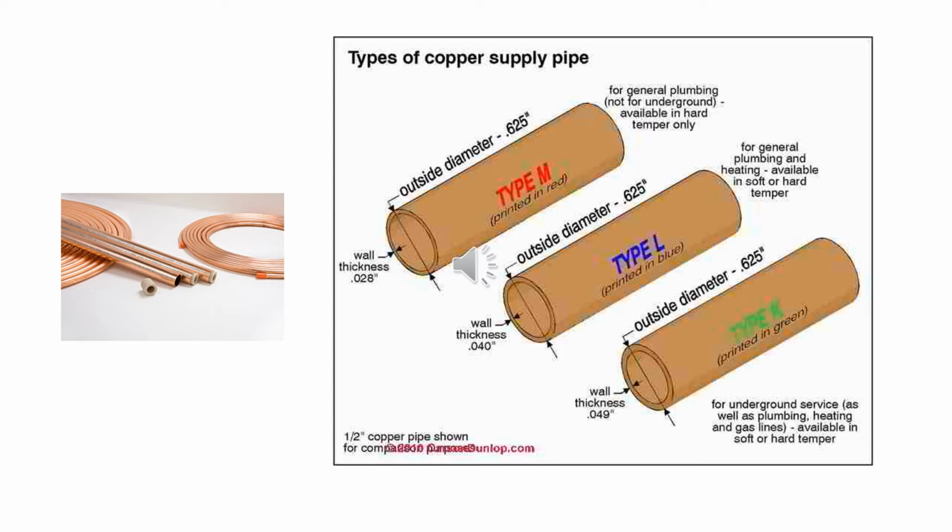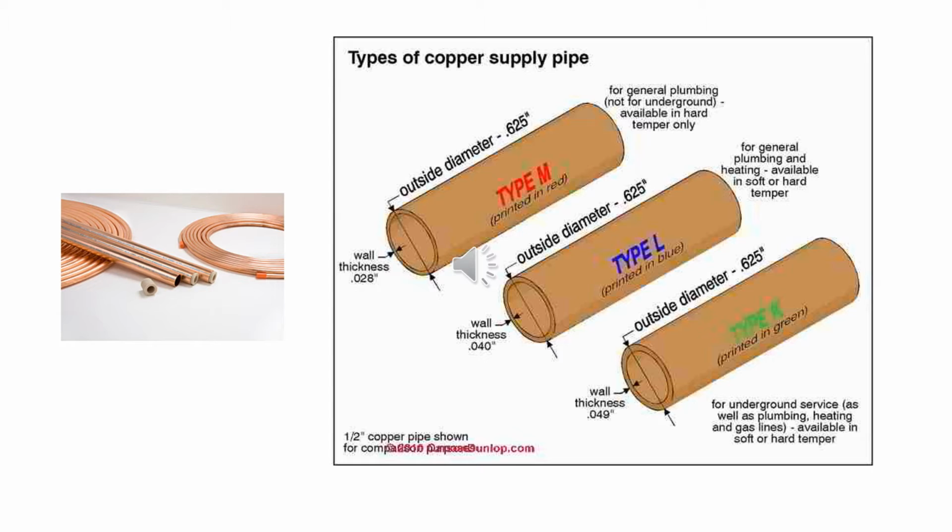Type K ½ inch, Type L ½ inch, and 5/8 inch ACR all have the same outside diameter of 5/8 inch. Types K, L, M, ACR, and DWV must be marked to show pipe type.